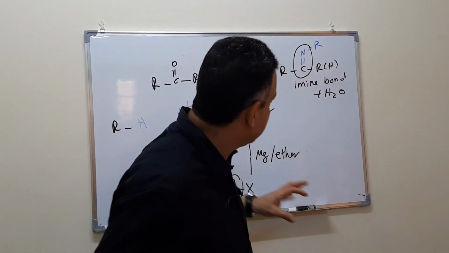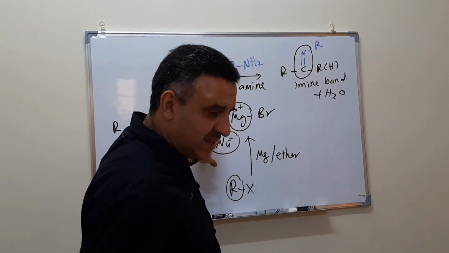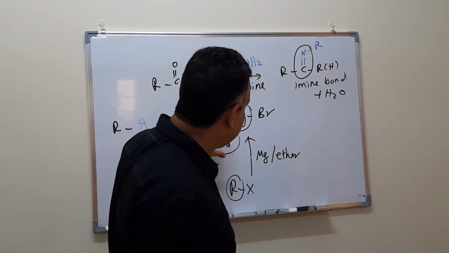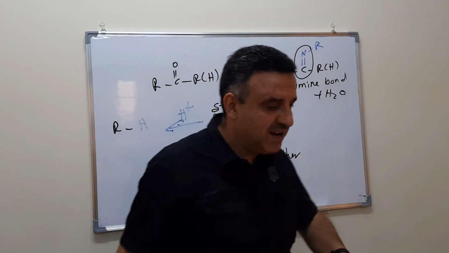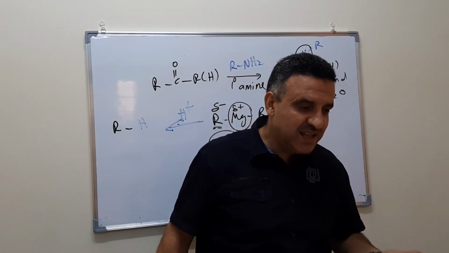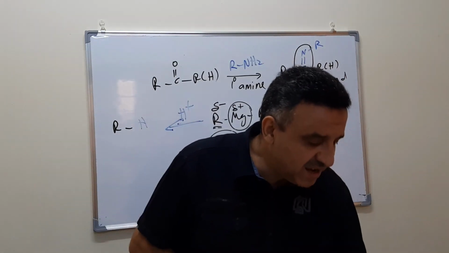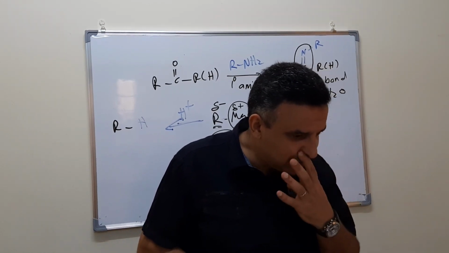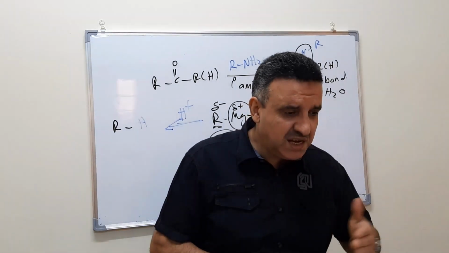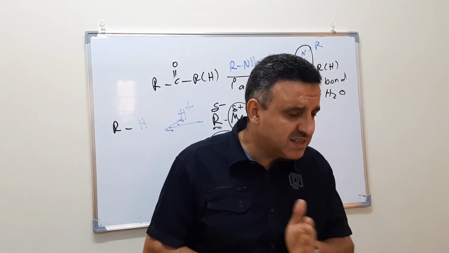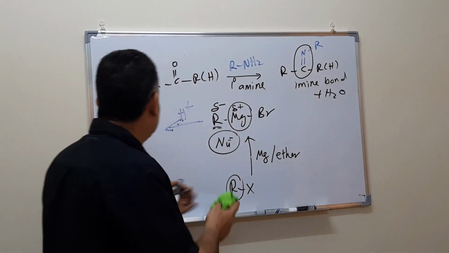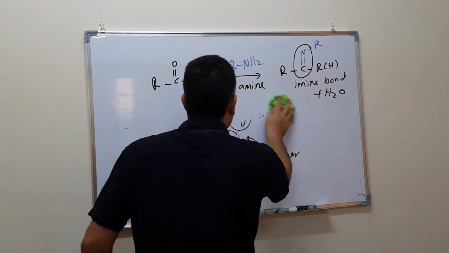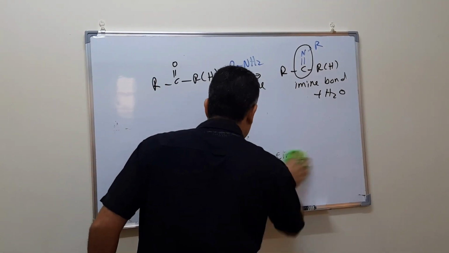So now we are going to discuss the behavior of the Grignard as a nucleophile in the next slide. This next slide is actually a very important slide, and I recommend you take care of it. The Grignard can react with different carbonyl compounds, and it will produce different compounds.